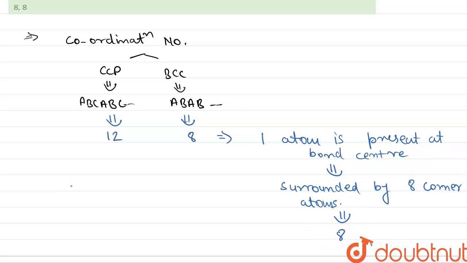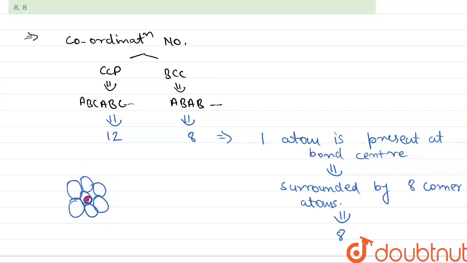Here we know that in CCP a sphere is in contact with 6 other spheres in its own layer. Therefore we can say that this is a sphere, and it is surrounded by 6 other spheres in its own layer.